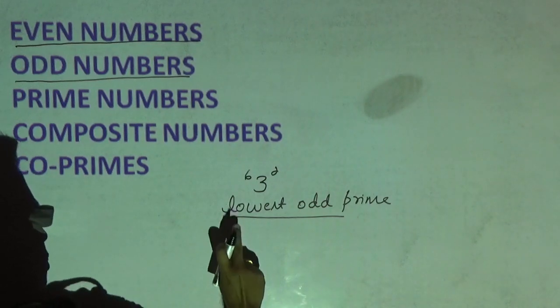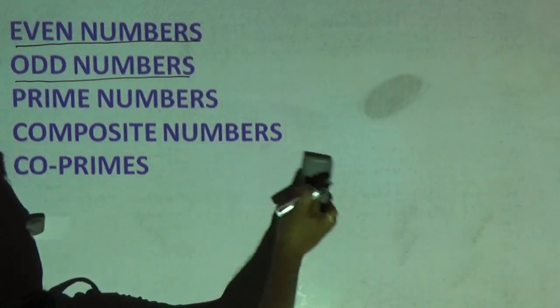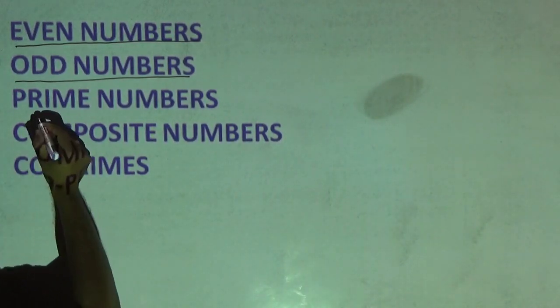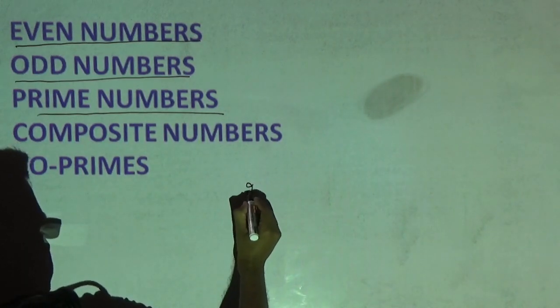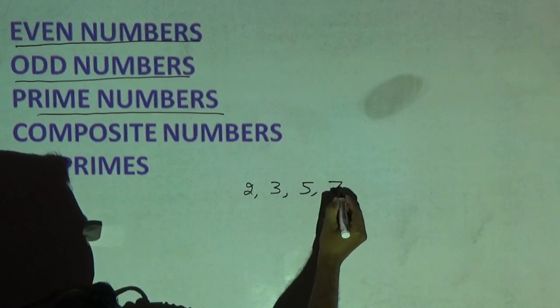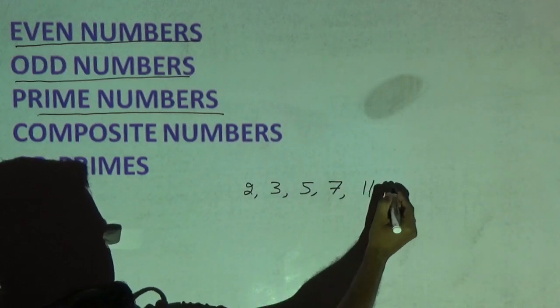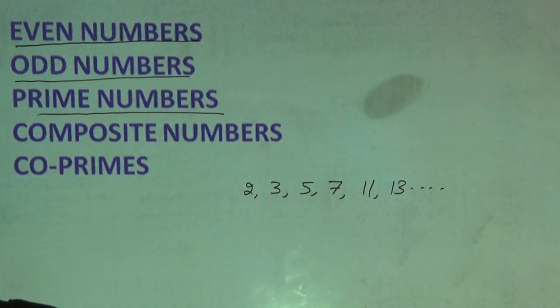So you came to know what prime numbers are. Examples are 2, 3, 5, 7, 11, 13, and so on.